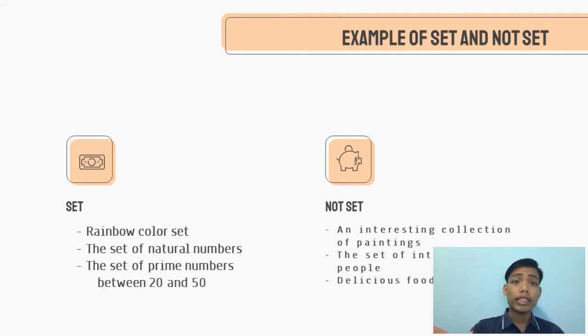And the third is the delicious food set. Why? The delicious food set is a not set because the meaning of the word delicious varies according to each person. And that's about examples of sets and not sets.